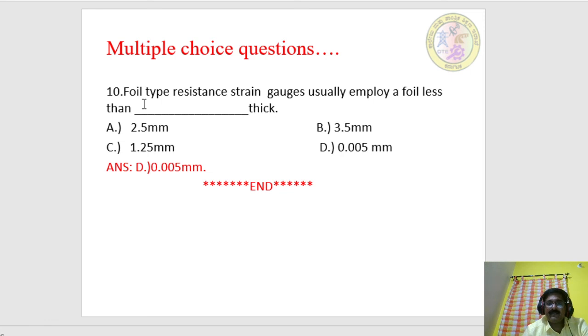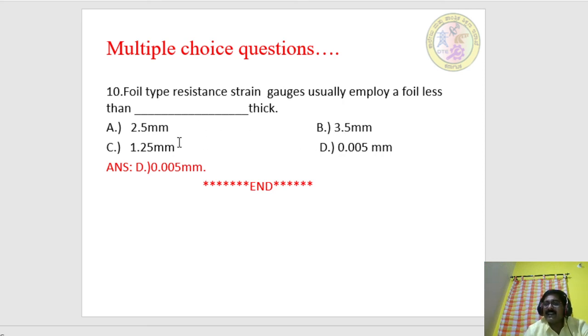Question number 10. Foil type resistance strain gauges usually employ a foil less than dash thick. Options were A 2.5 millimeter, B 3.5 millimeter, C 1.25 millimeter, D 0.005 millimeter. You check out the answer from the values given.